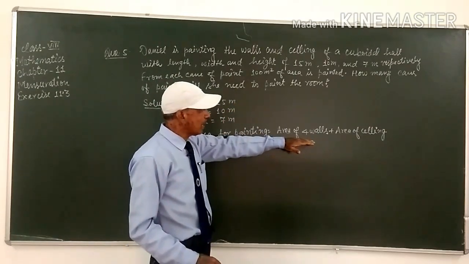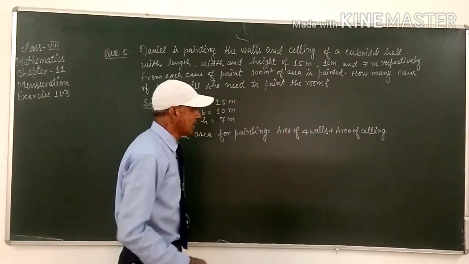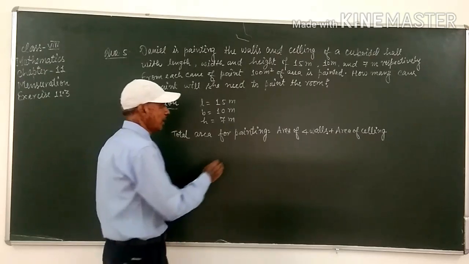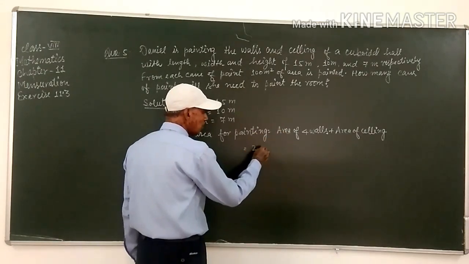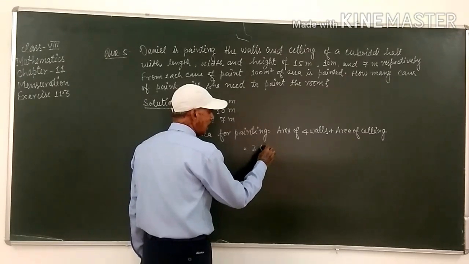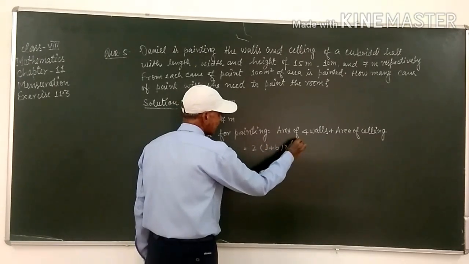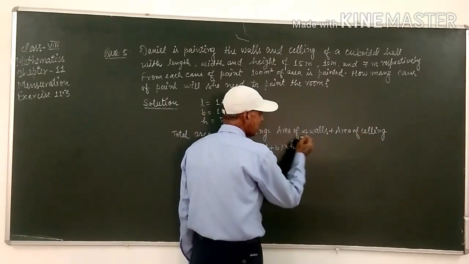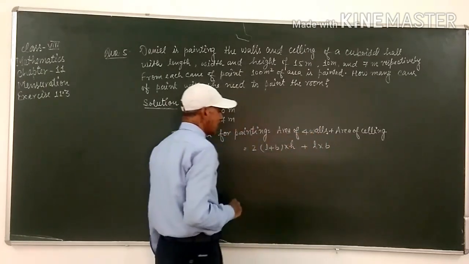So first of all we have to find out the area of 4 walls, after that the area of the ceiling. That will be the total area for painting, and it will be area of 4 walls, that is 2 into L plus B into H, plus area of ceiling, that is length into width, L into B.